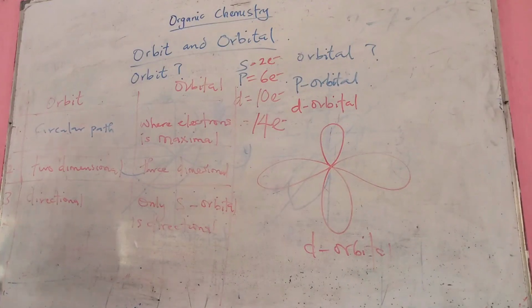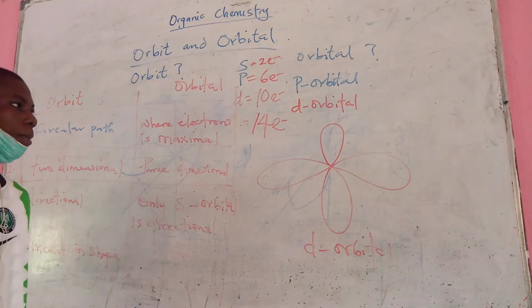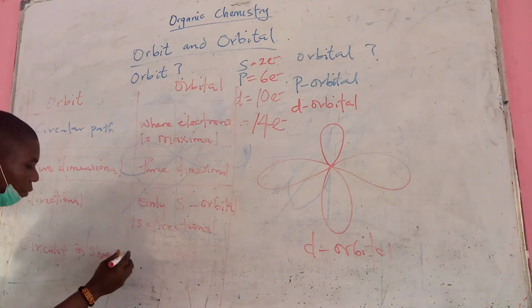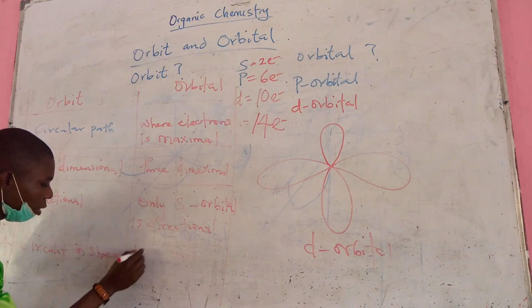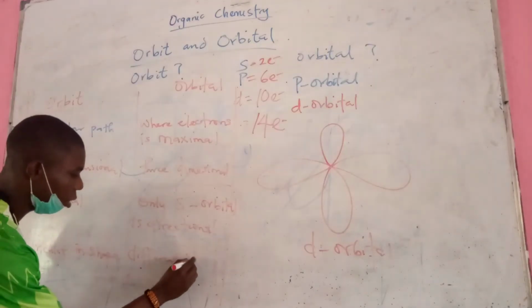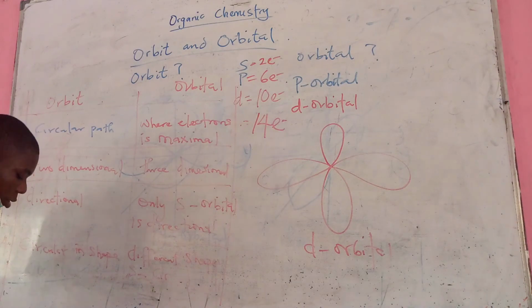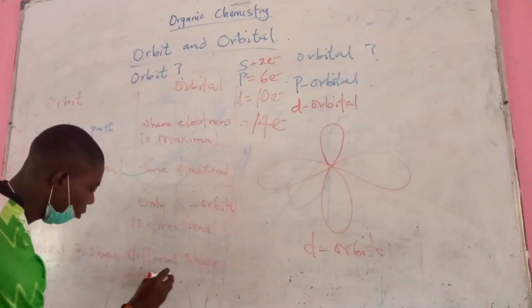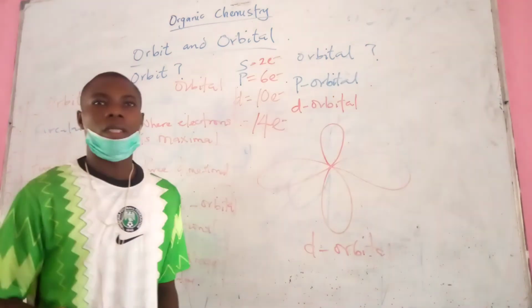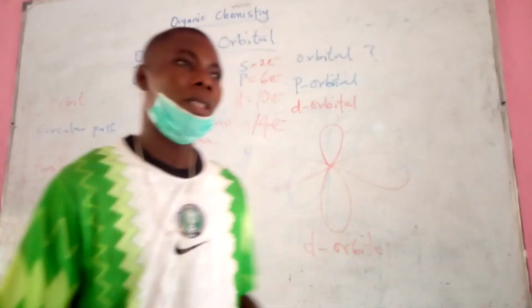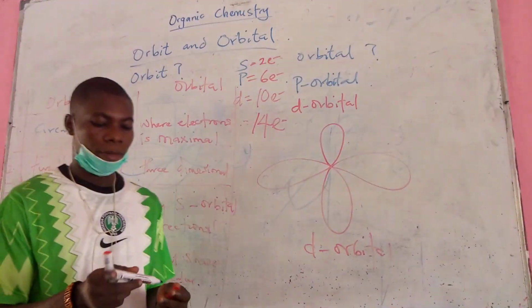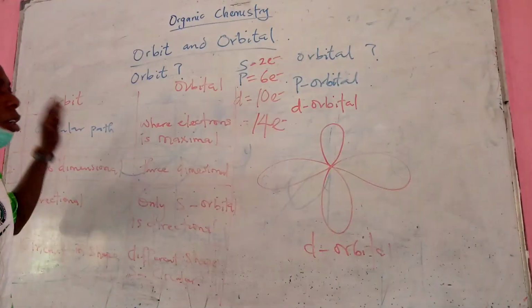The last difference is that an orbit is always circular in shape, while different orbitals have different shapes. S is circular, P orbital is dumbbell, and D orbital is double dumbbell. So those are the differences between orbit and orbital.